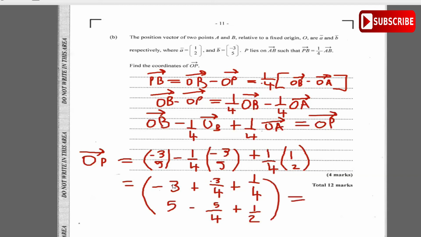So now you have minus 3 plus 3/4 plus a quarter. That's negative 2. Then you have 5 minus 5/4 plus a half. What are you getting?